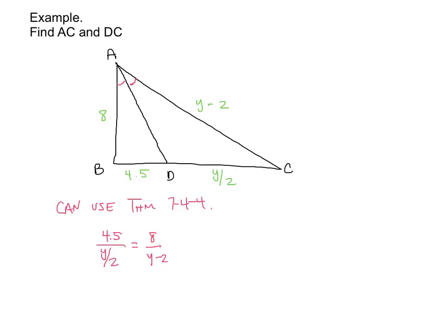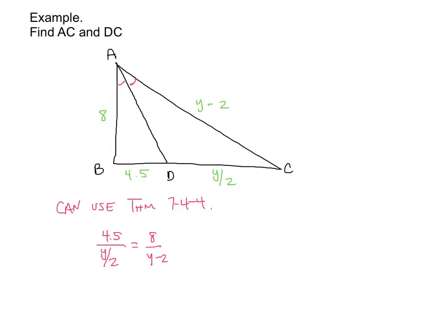Be careful about 8 over y minus 2, rather than y minus 2 over 8. And I say that it has to be 8 because 4.5 is the one on top, meaning 4.5 and 8 are on the same side of the triangle. So are y minus 2 and y over 2. That's how I know which order to go in. So the 4.5 should be on top with 8, and y over 2 should be on the bottom with y minus 2.